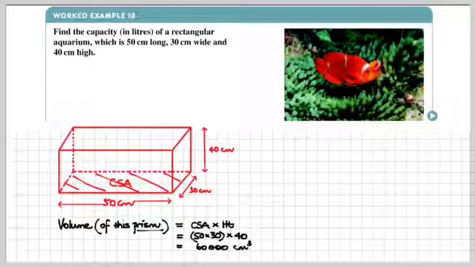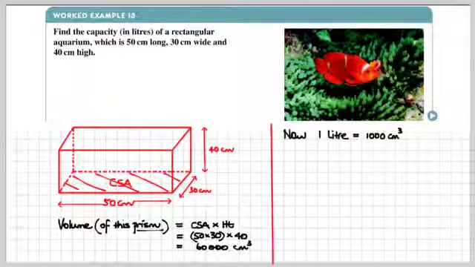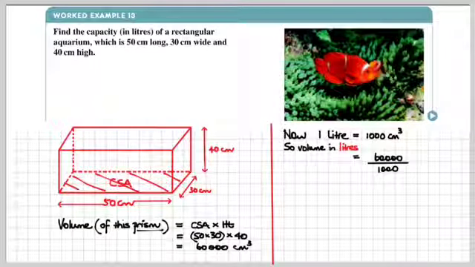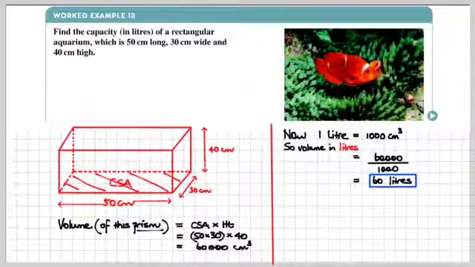Do you remember how many cubic centimetres there are in a litre? It's the same as how many millilitres there are in a litre, because a cubic centimetre is the same as a millilitre. Therefore, we've got 1,000 millilitres or cubic centimetres in a litre. So if we divide 60,000 by 1,000, we convert it to litres. So we'll get 60 litres.